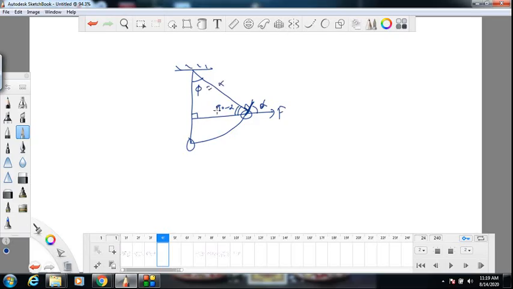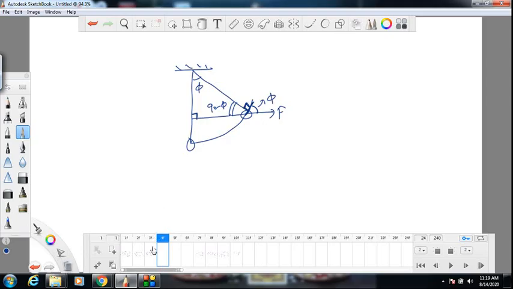Once again let me show you what I am saying. If this angle is phi, this is 90, this is 90 minus phi, total is 180, of which 90 is gone. So this plus this angle must be 90, so this must be phi.